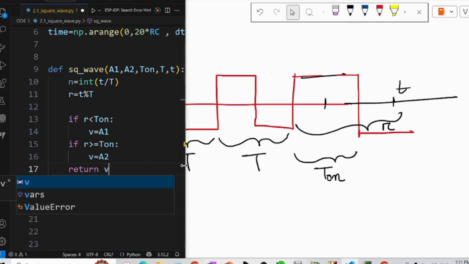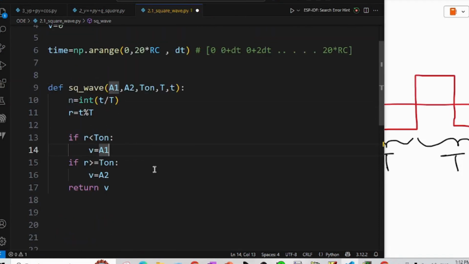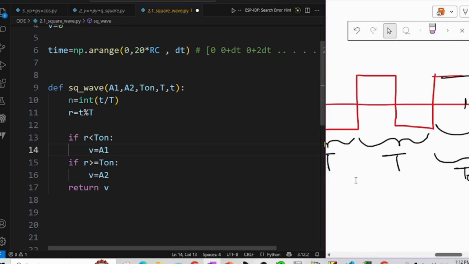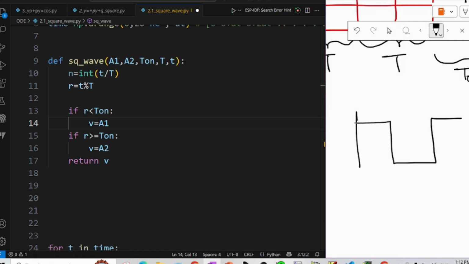Okay, so the code part is done, and now let's see what I will do here. Let's make a square wave here.